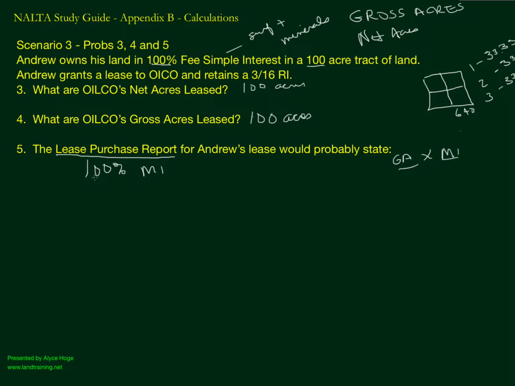And that's what lets the lease and title analyst know how many acres to set this up for. So usually on the lease purchase report, it'll say what the mineral interest is of that owner. So in order to calculate the royalty, we're going to take that royalty times what their mineral interest is. But in this case, it's 100%. So the royalty is going to remain a full 3/16.